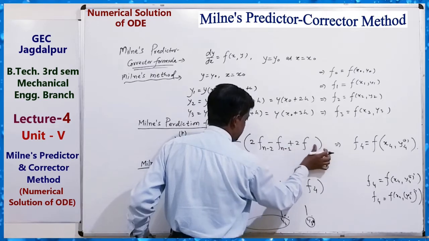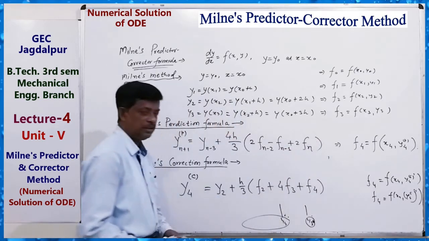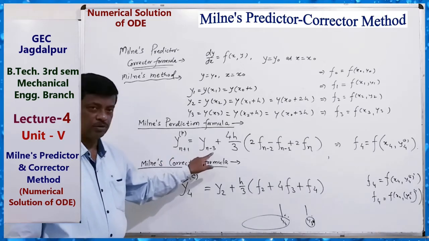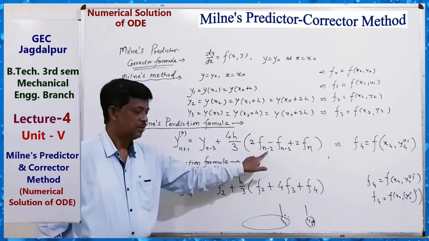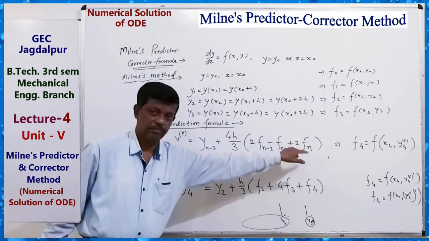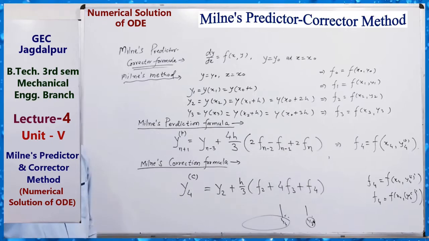If we put n equals 3, then y4, y0, f1, f2, f3. So this is the general formula.